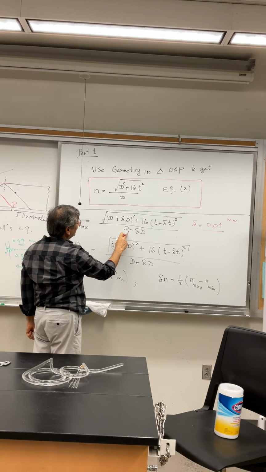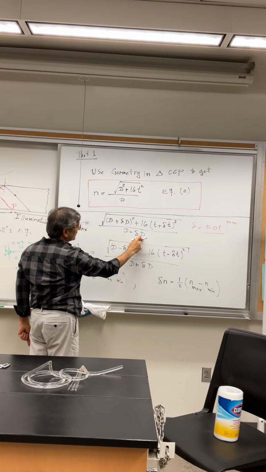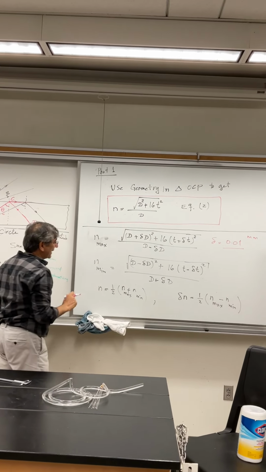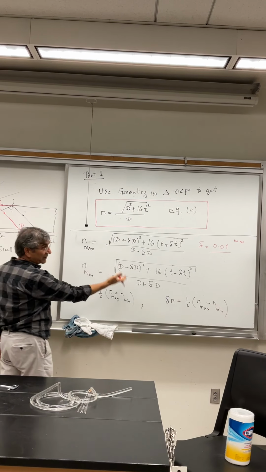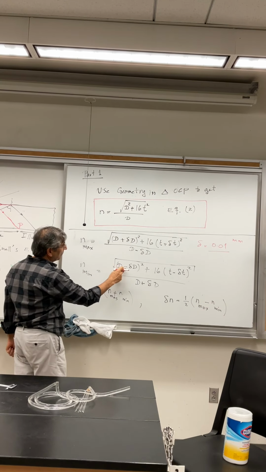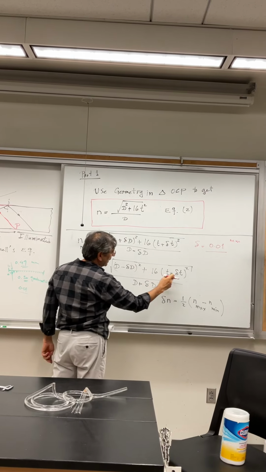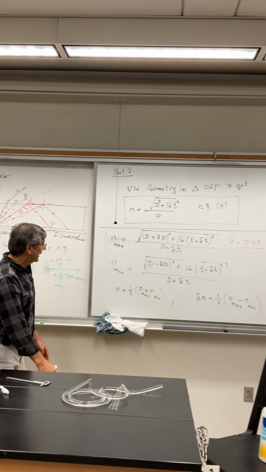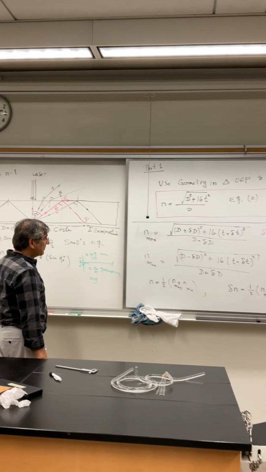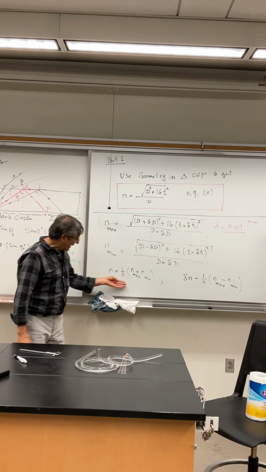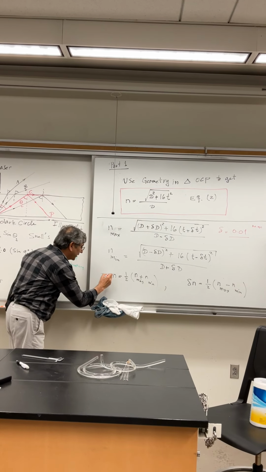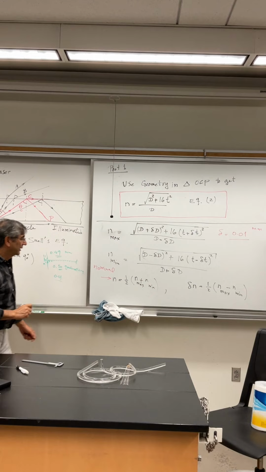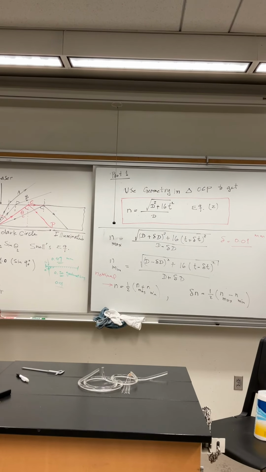So in the diameter, you put d minus the uncertainty of the diameter to make this whole fraction the maximum. For n minimum, we do the other way around. So t minus the uncertainty, but the denominator d plus the uncertainty, and that gives you n minimum. Find the average of those two, and that becomes the nominal value. That's what you're going to use to report the index of refraction of glass.